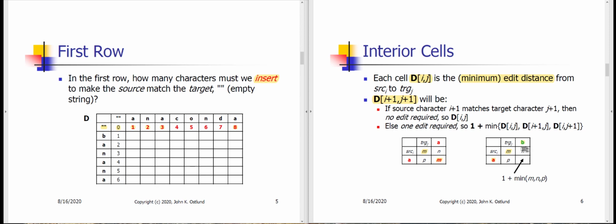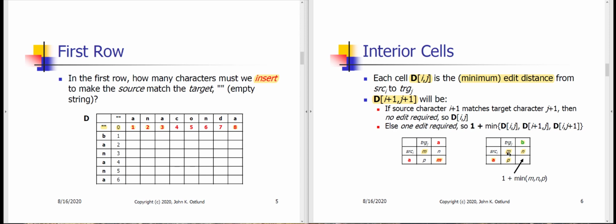Now, we also know the edit distance to make the target prefix one character longer. And we also know how to find the edit distance for the source and the target if the source is one character longer.